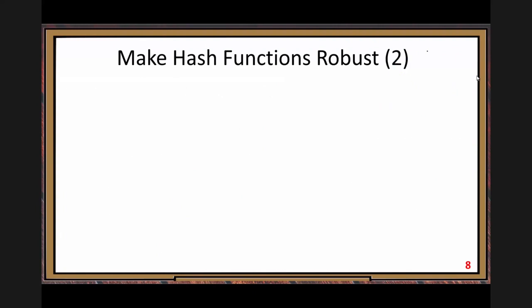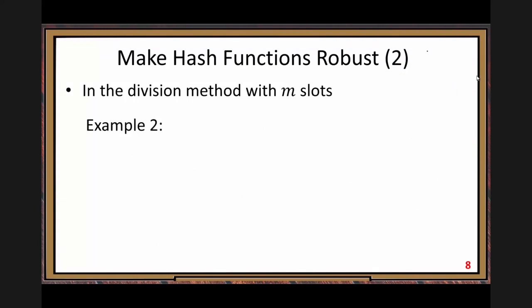Make the hash function robust, number 2. In the division method with n slots, method number 2: n equals 2 to the power of r.